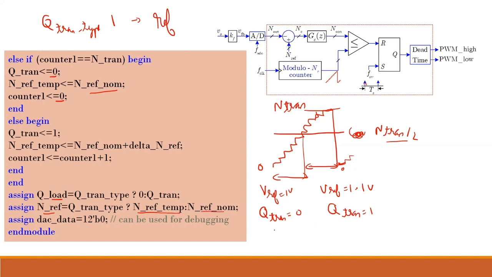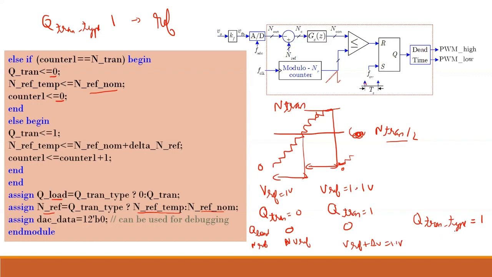So let us see my Q load, my nref, and my Qtran type. Suppose my Qtran type is 1, then my Q load will be 0 and 0, and my nref will be vref plus delta v, 1.1.